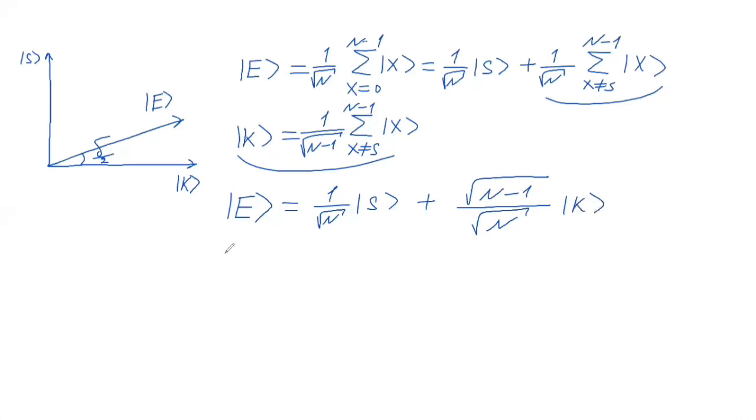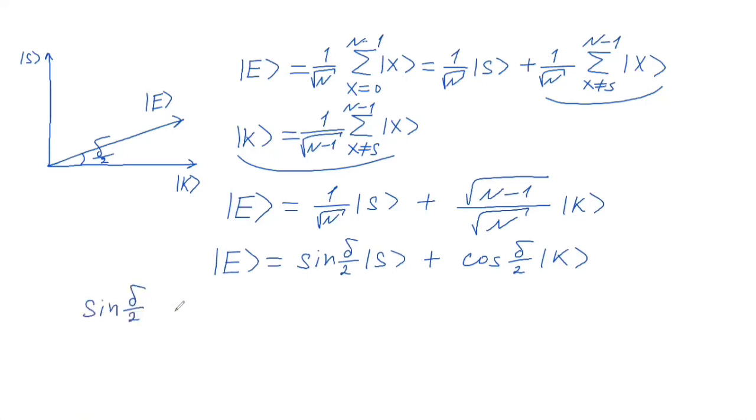But geometrically, we can also write that vector e is equal to sine delta over 2 ket s plus cosine delta over 2 ket k. So comparing these two, it's easy to see that sine of delta over 2 is equal to 1 over square root of n.